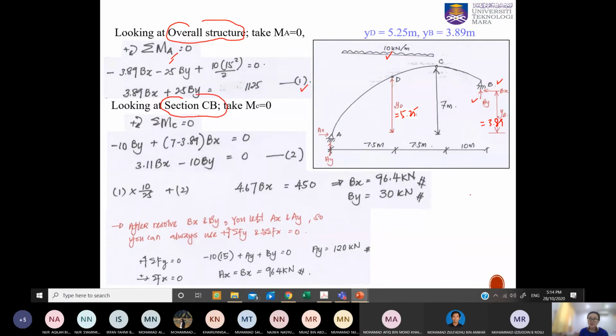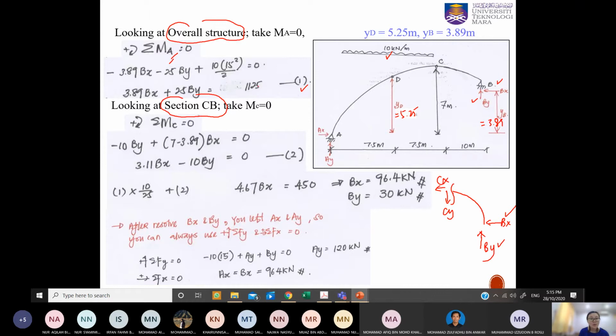Maybe it's not drawn here, but you can draw a free body diagram where you have Bx and By, and you also have the internal forces at C. If you are taking summation MC equal to 0, you won't consider CY and CX, but you can draw them if you want. Taking summation MC equal to 0, you just need to use By and Bx only.